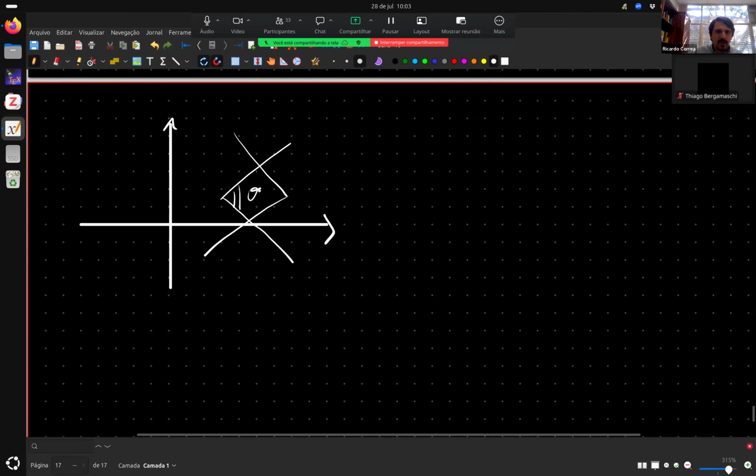So that will be my region O. And of course, I can look at some region which is causally separated from O. So for example, something in here.